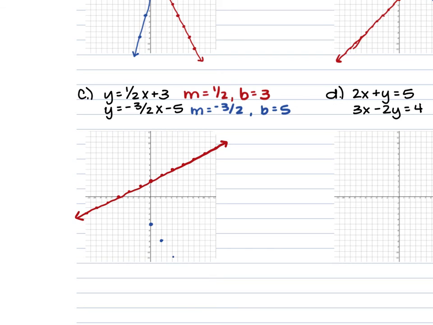We're also going to go up 3 to the left 2. And then we draw our line through these plotted points.